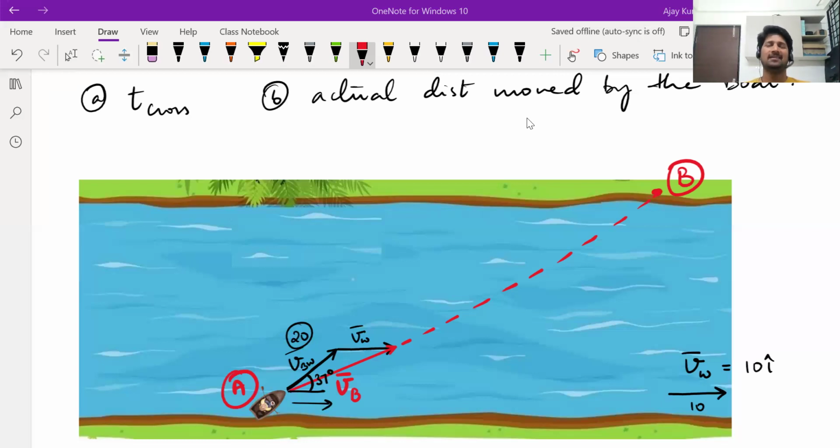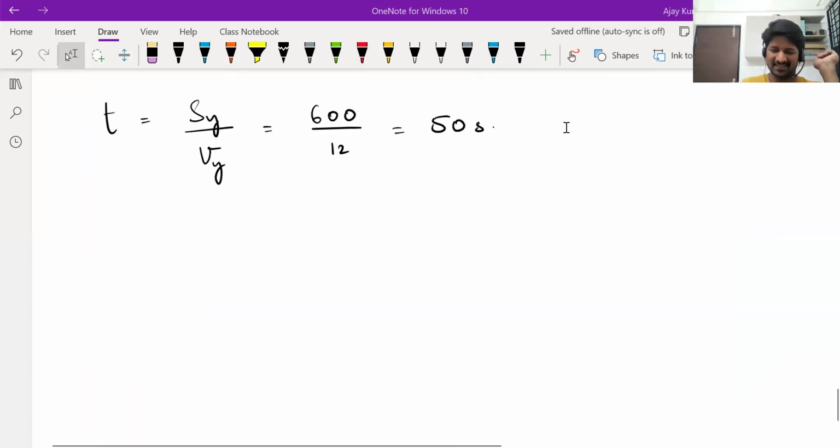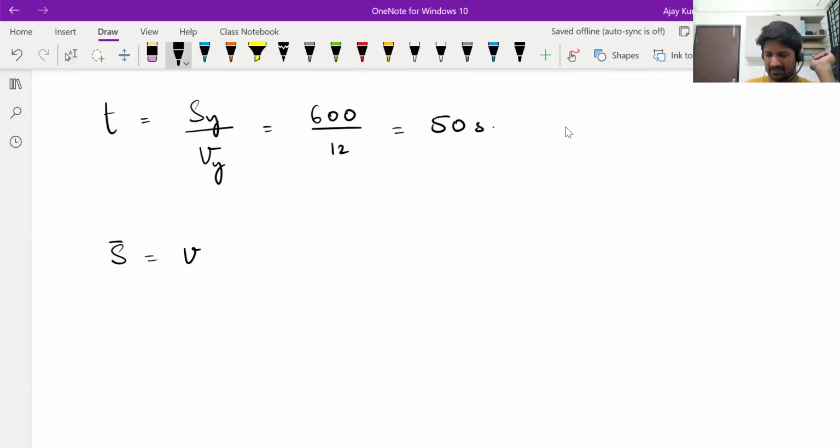How is displacement related to velocity and time? Let's get this displacement first. Anyone? Velocity multiplied with time, sir. Okay. Right. So that total displacement can be written as the effective velocity of the boat multiplied with the time.